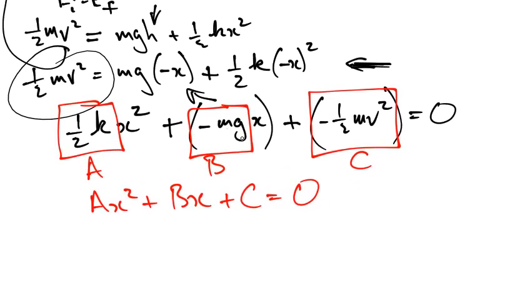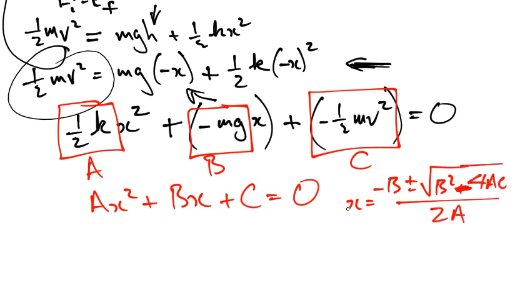Now you can use the quadratic equation to solve this, i.e. negative b plus or minus the square root of b squared minus 4ac divided by 2a. However, fortunately, I have a calculator.